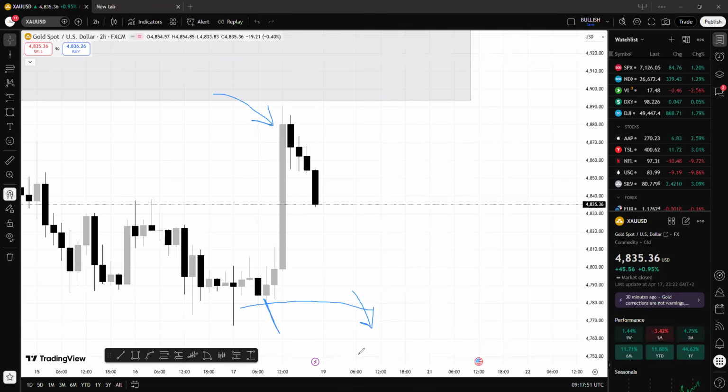But remember, I have found my direction first, and I have marked where I'm expecting my trade to end or to be at. I want to complete that reversal and then go down.